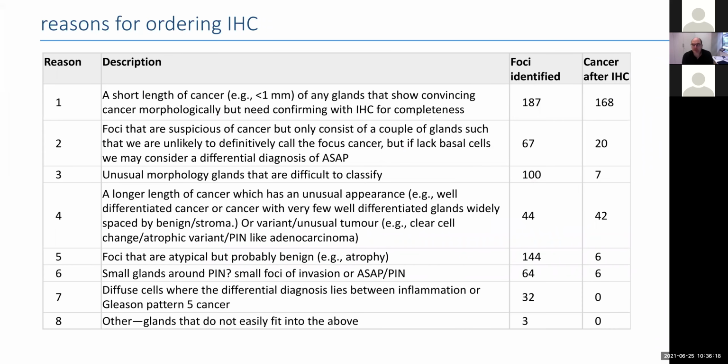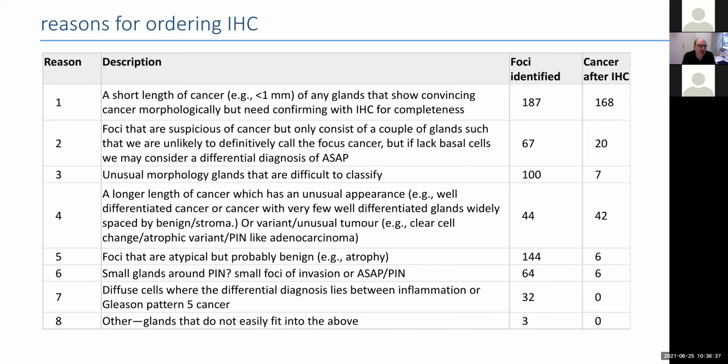And what we basically did, and this is almost like an equal amount of work went into annotation and modeling as into the algorithm development. So what our pathologists did, they carefully went through the reasons why they order IHC.